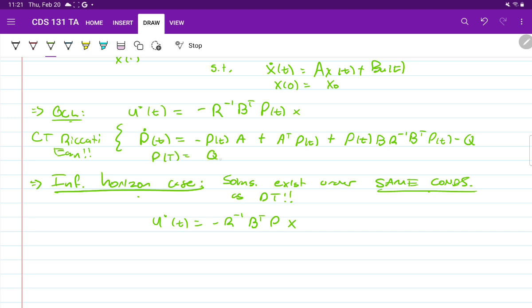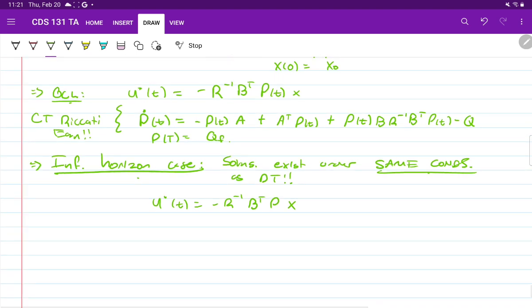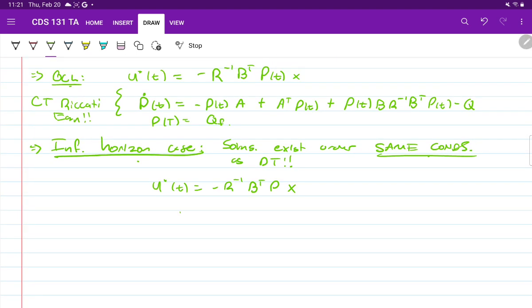P at time T equals Q_f, the same sort of boundary condition as before. What we're going to find over here is that the P matrix will be the solution of 0 equals PA plus A transpose P minus PBR inverse B transpose P plus Q. So it turns out in this case, we can similarly get solutions to our optimal control problem using another sort of Riccati equation.